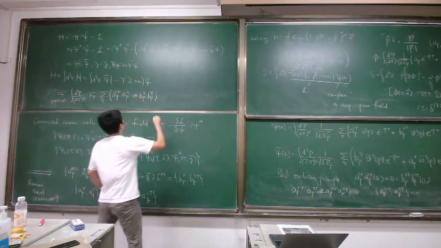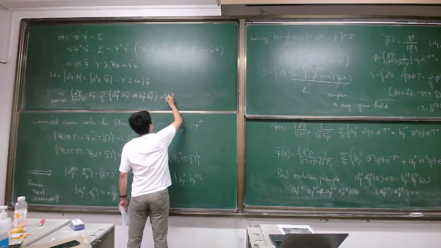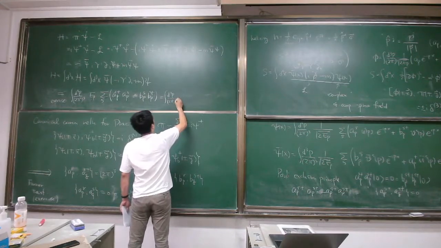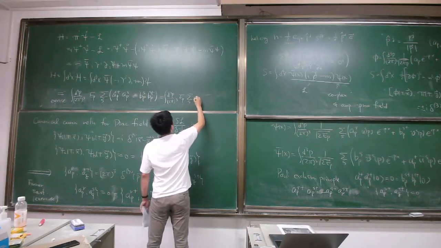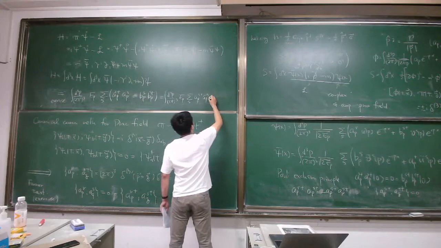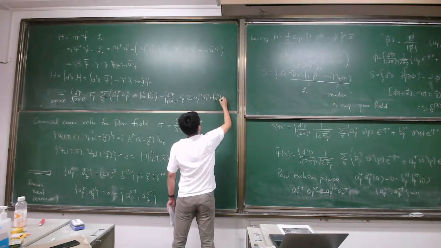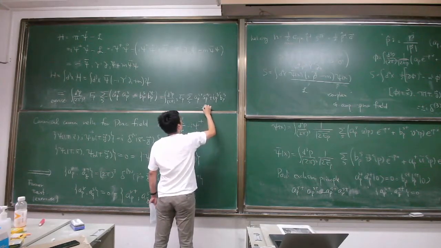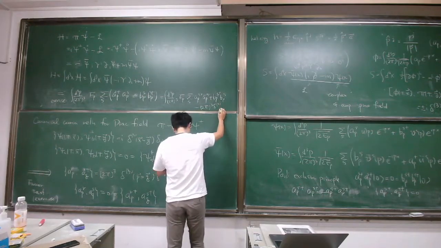If you do that, this is indeed equal to the integral d^3p over (2 pi)^3 of E_p, sum over s, a_p,s dagger a_p,s plus b_p,s dagger b_p,s, minus (2 pi)^3 delta^3(0) V.